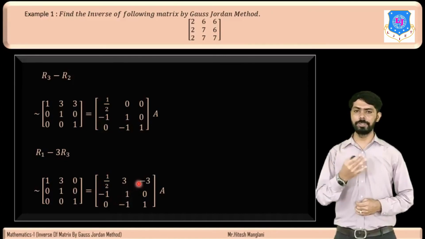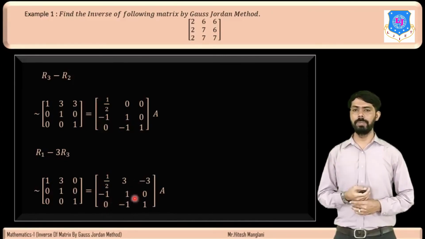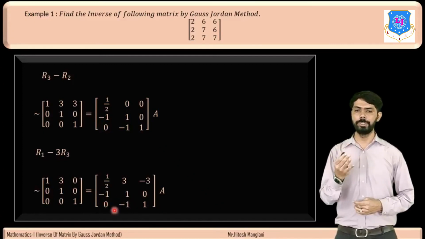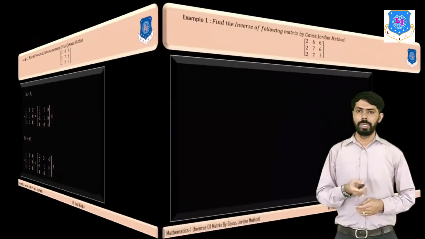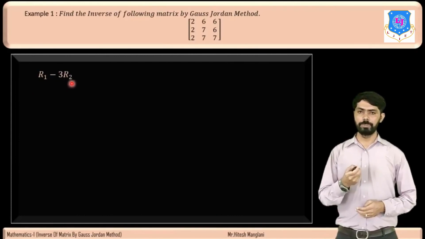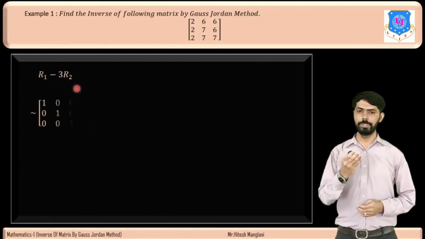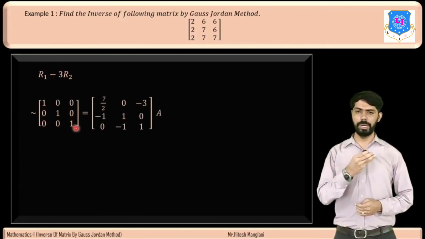Then minus 3 minus 0, so it will be minus 3. And the second and third rows will be as they are, that is minus 1, 1, 0 and 0, minus 1, 1. So here we are applying the row operation R1 minus 3R2.